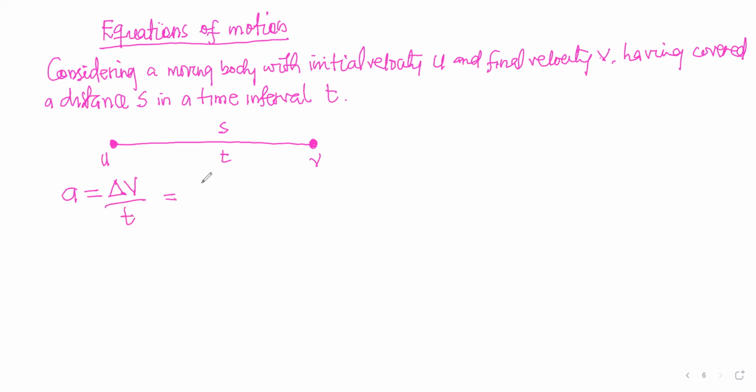The change in velocity is the final velocity minus the initial velocity, divided by the time taken.